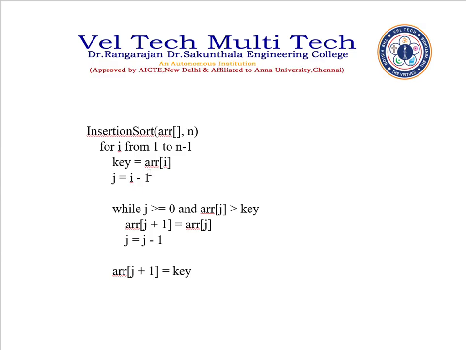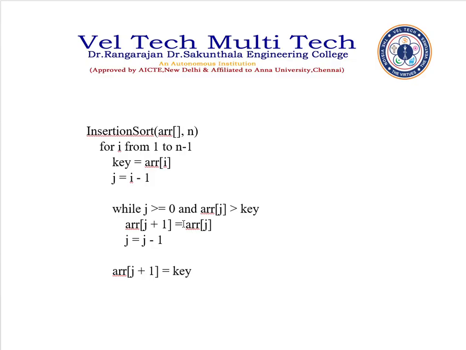Now we have used j equal to i minus 1, which is nothing but to traverse backwards through the sorted part of the array, just to check it. That's it. Next we have a while loop. This while loop checks if the current element is greater than the key or not.